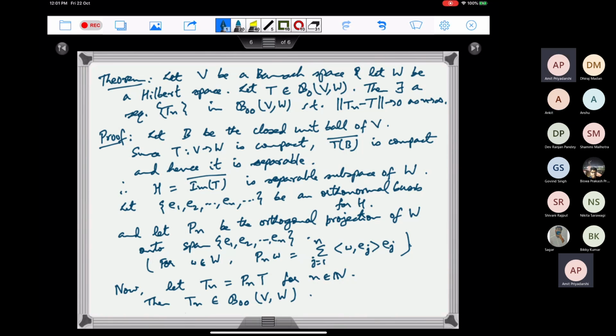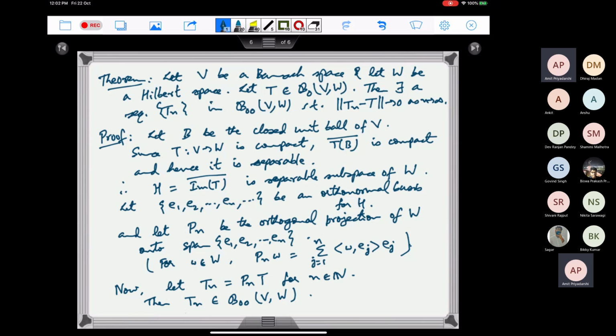What I am saying here is that the closure of the image of the unit ball is separable, and then I am claiming that that implies that the closure of image T is also separable, right? What you have to do is simply, if you have any x in V, then you are looking at T of x, right?